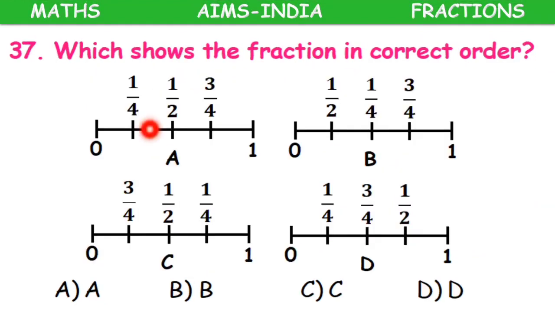Next, which shows the fractions in the correct order? Now what do we have here? 1 by 4, 1 by 2 and 3 by 4. These are our 3 fractions represented on a number line, children.